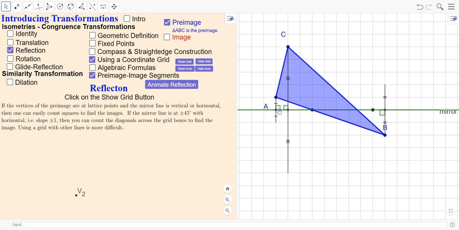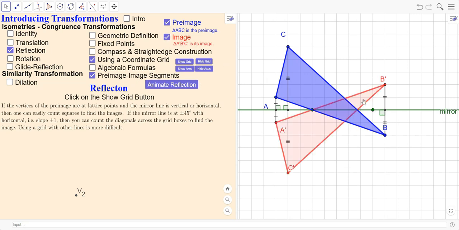So again, we're just counting squares. Go down one square to get the mirror line, so go down one more on the other side to get A prime. From B to the mirror line, you're just going up 2, so go up 2 more to get to B prime there. C, you're coming down 1, 2, 3, 4, 5, so go down 1, 2, 3, 4, 5, and so that gives you your image points there.